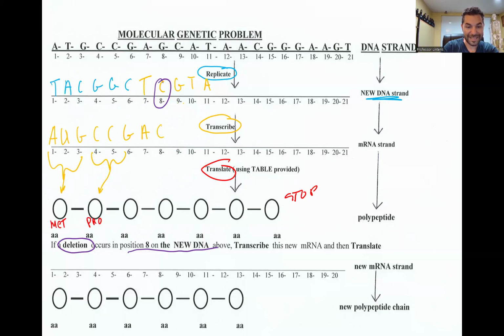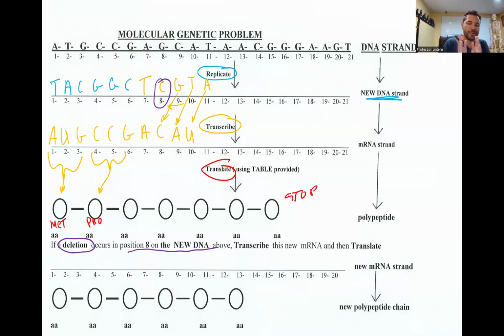So this would be a C, right? Because the G would turn to a C and then everything else would be the same, right? So you'd have that. Obviously, I'm doing it on the same line, which is probably not wise, but that's all good. So that would slide down. Then obviously, if that was that, the T would turn to an A, and the A would turn to a U, respectively.